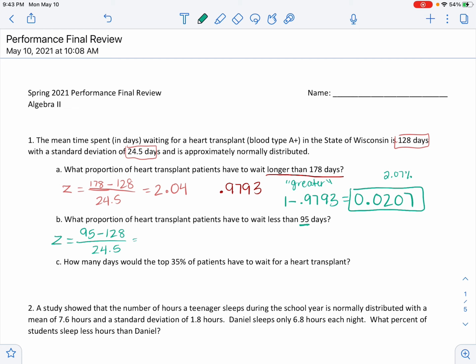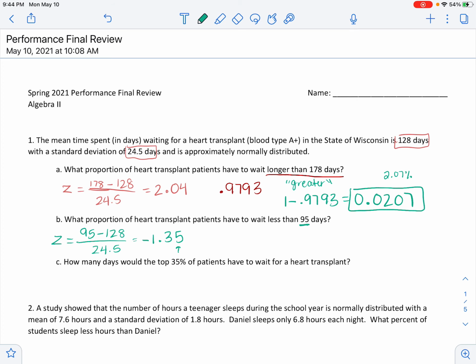And I get a z-score of negative 1.35. So actually in my calculator, what it says is negative 1.346. So remember, we look 1 to the right of the place that we want to round, and because it's a 6, I rounded 4 up to 5. That'll make a big difference when you go to your z-table.